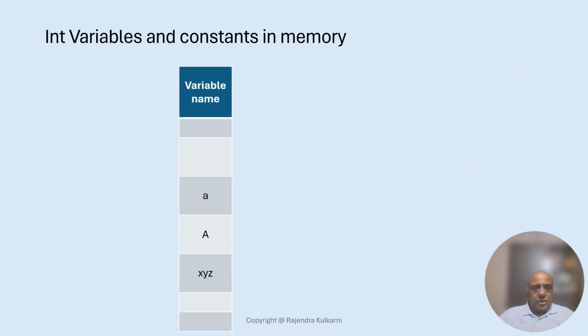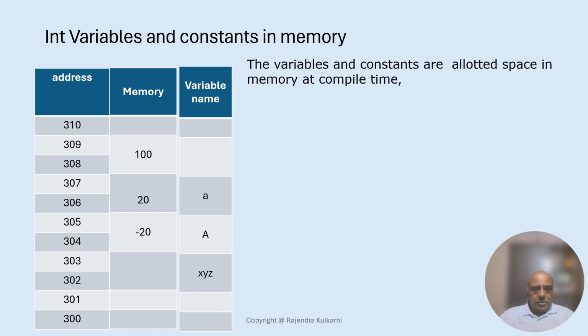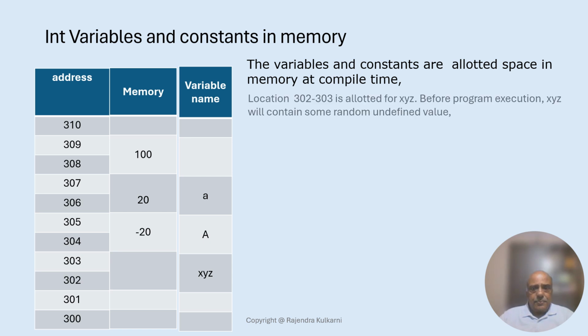How will they get stored in the memory? A will get stored as 20 because it has been assigned the value 20, and will be stored in memory locations 306 and 307.